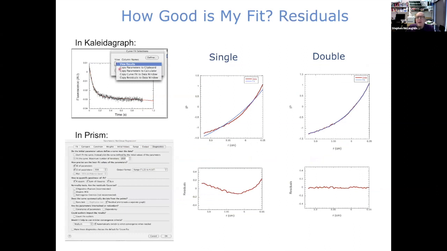If you want to look at, say, residuals that Chris talked about earlier on, in Kaleidograph, we just view results, and then we can copy the residuals to a data window and fit. In Prism, there's a whole diagnostic window, or you could put the SE, and also put down here, run a residual plot.